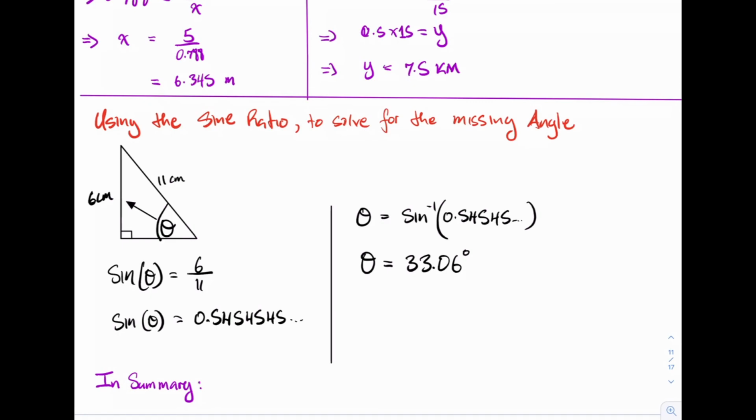So that is how we use the sine ratio to find the missing angle. So in summary, the sine ratio can be used to find the missing side or missing angle.